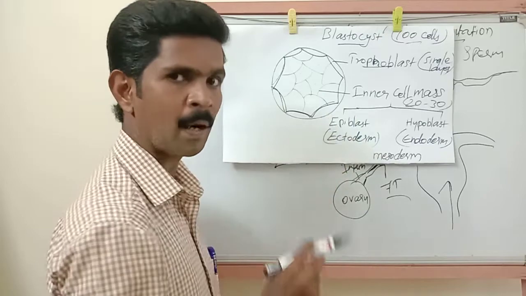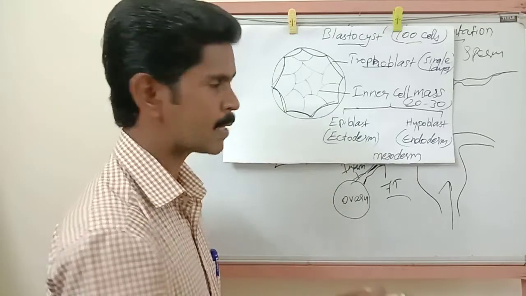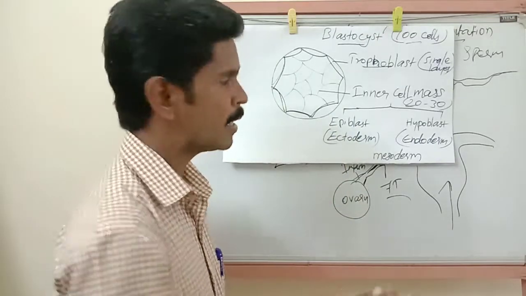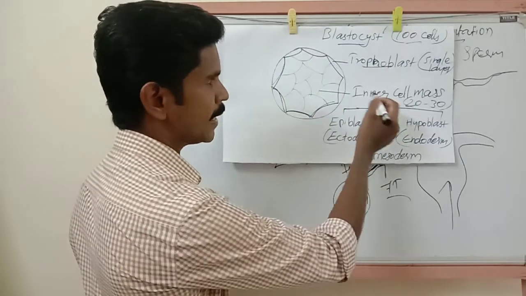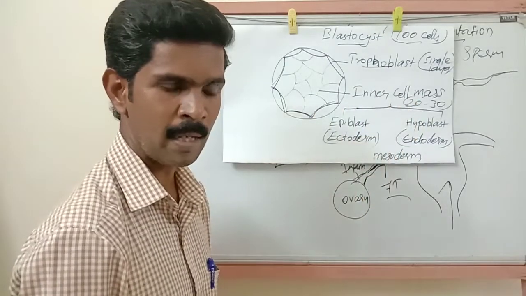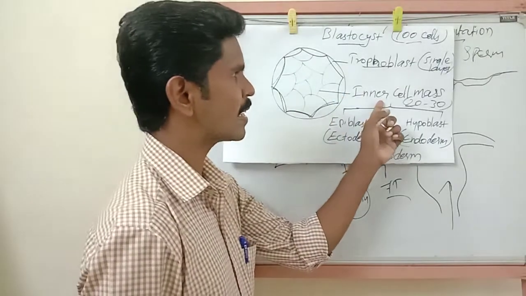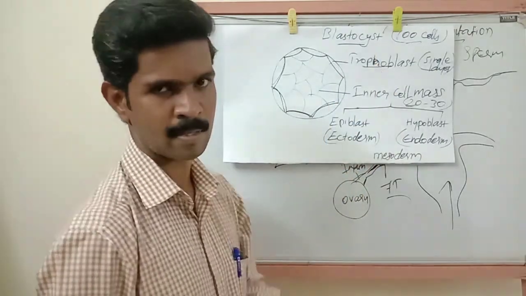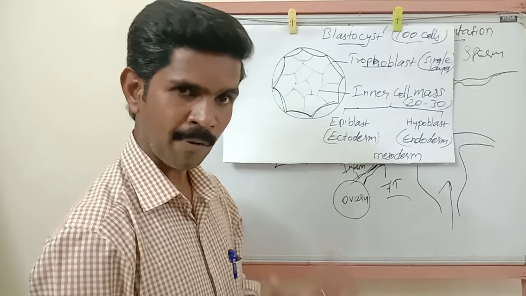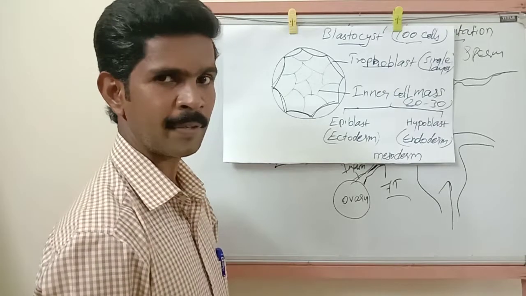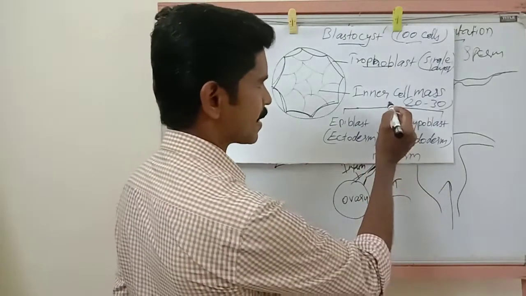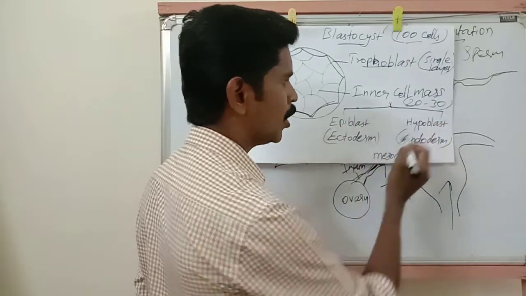The embryo, or the baby, the fetus, is developed from this inner cell mass. Understand? For the development of the fetus, first this inner cell mass is divided into two.